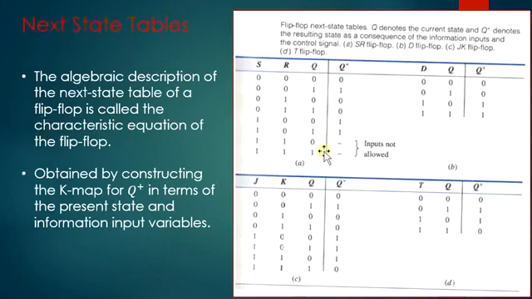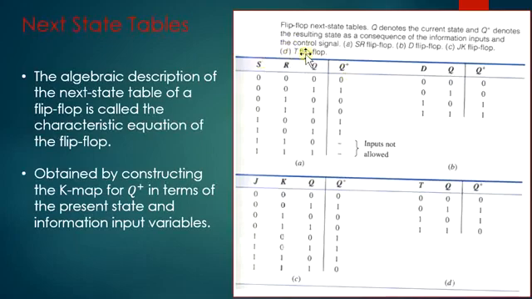For each of these tables, the appropriate interpretation is that for a given present state Q and the inputs, the application of the control signal causes the flip-flop to change to the next state Q plus.